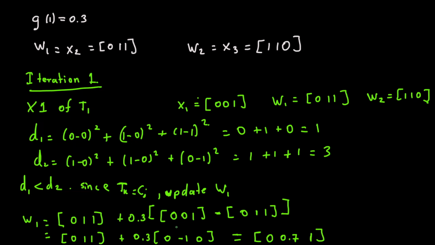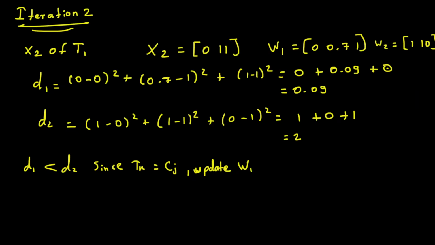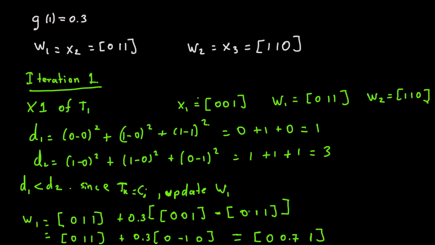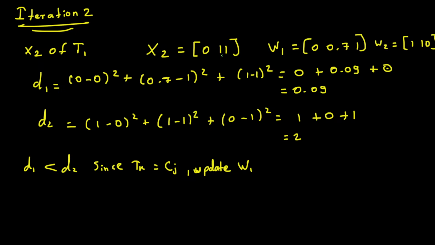In this case, this is 0, 0, 1, and then minus the W1 again. Same thing here. The only difference that's gonna happen is now we are gonna have X2 instead of X1 here. The X changes, right? Here we have X1, that's why we have 0.01, but here we have X2, so we are gonna have 0.11. Other than that, it's gonna follow the exact pattern.